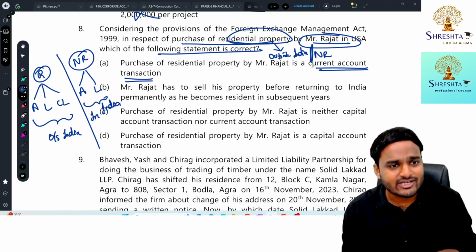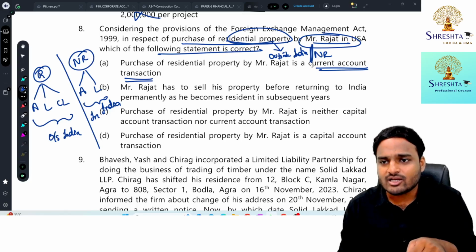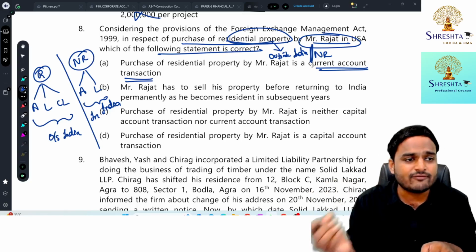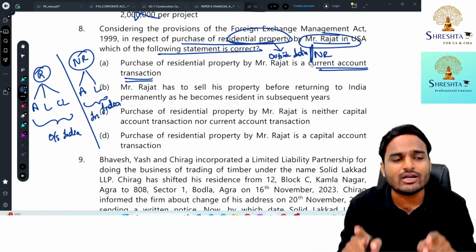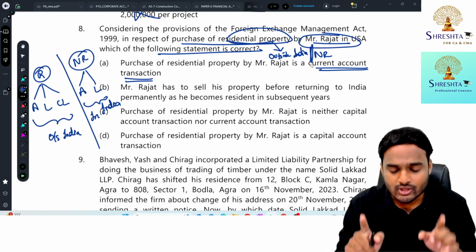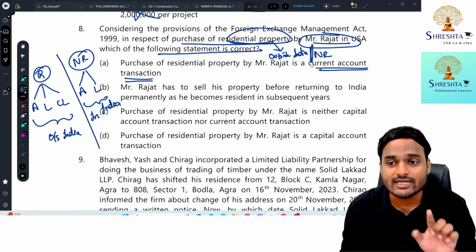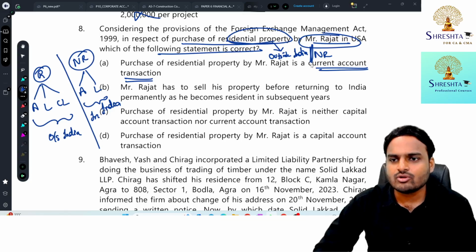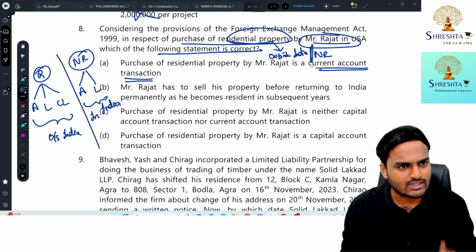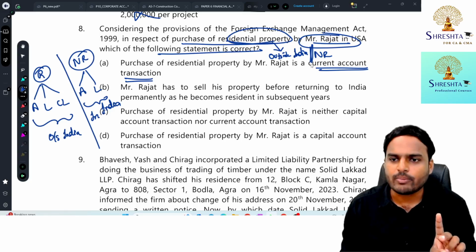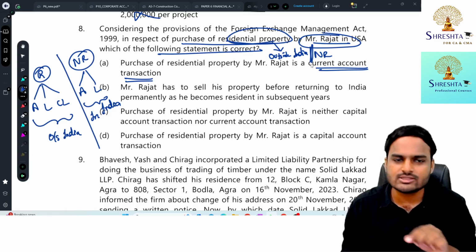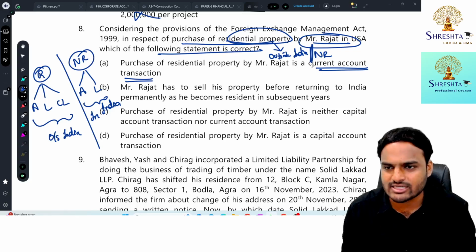Non-residents' assets and liabilities in India, any transaction affecting those, we can call a capital account transaction. But here the person is a non-resident for that financial year and the property is located outside India. So this is not a capital account transaction.